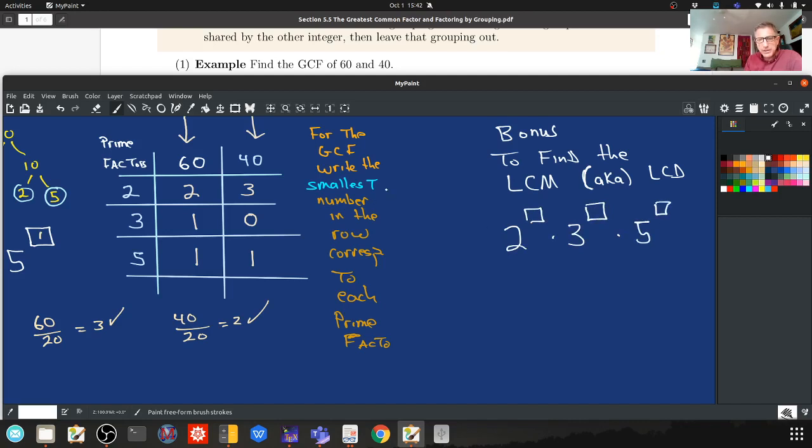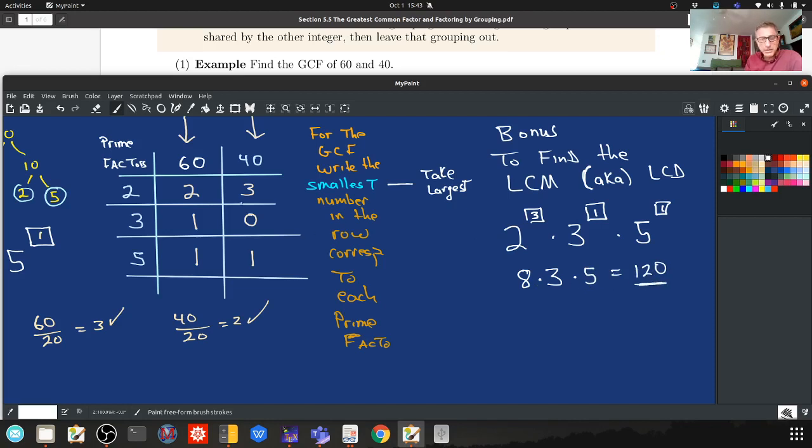Instead of taking the smallest number, we take the largest. So that would be 2 to the third, 3 to the first, and 5 to the first. So that's going to give me 8 times 3 times 5, which is 120. Because 8 times 5 is 40, 40 times 3 is 120.